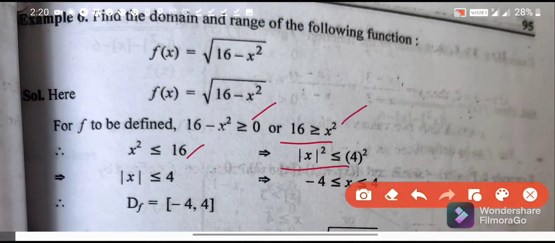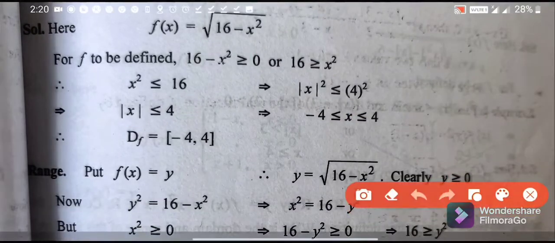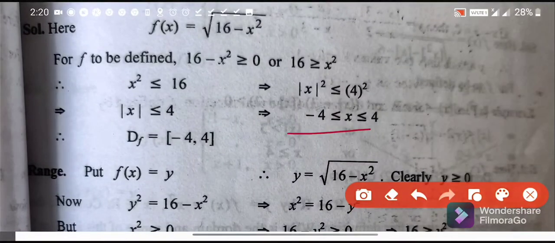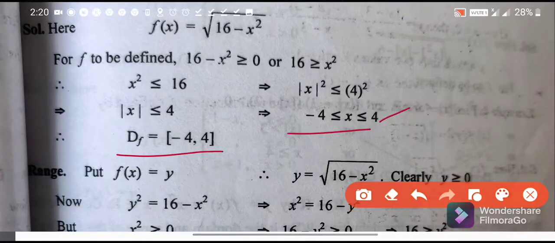Now solve this. We get modulus of x is less than equal to 4 and minus 4 is less than equal to x less than equal to 4. So domain of f is minus 4 to 4 closed interval.